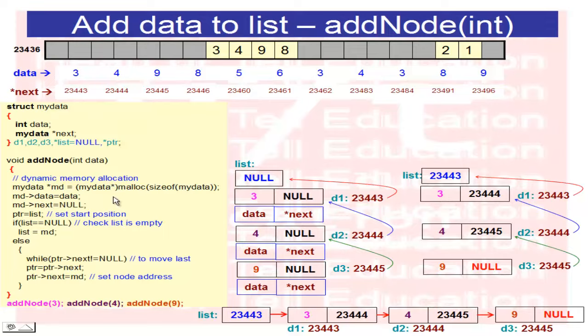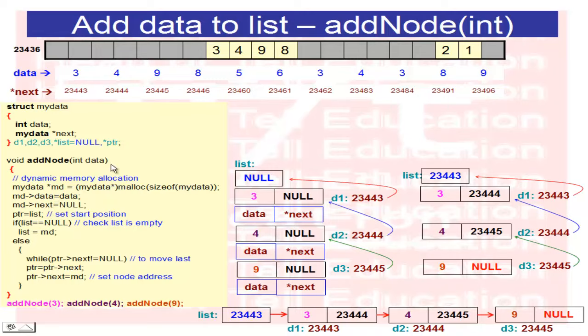Okay, now again I have made a second call, add node 4. This time I have to add the fourth value. Okay, so 4 comes in here. Now again I am calling the function for dynamic memory allocation and assigning a new allocation to my data variable.